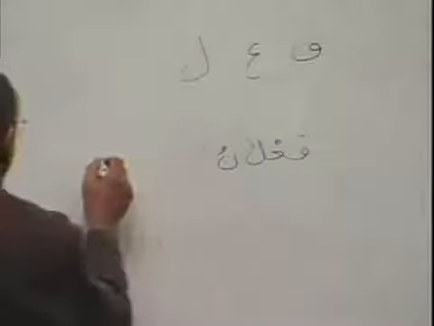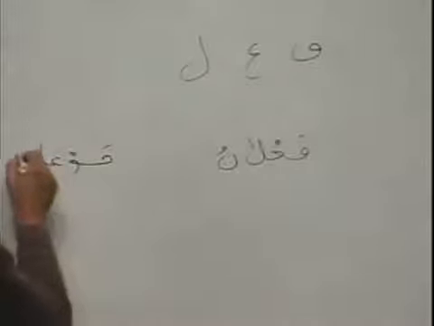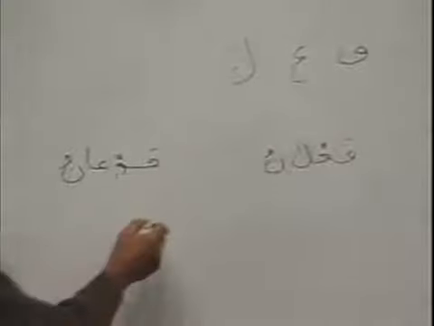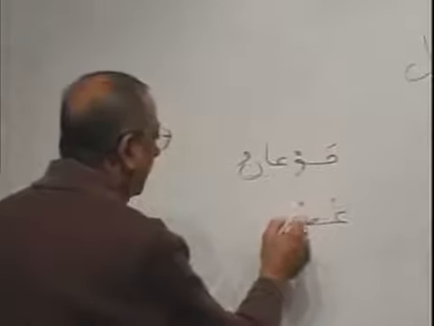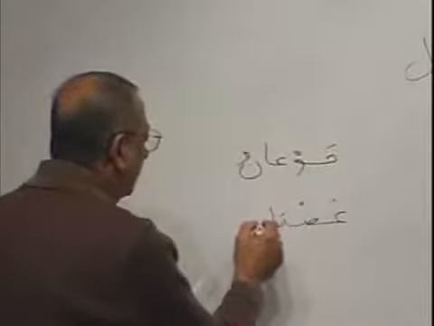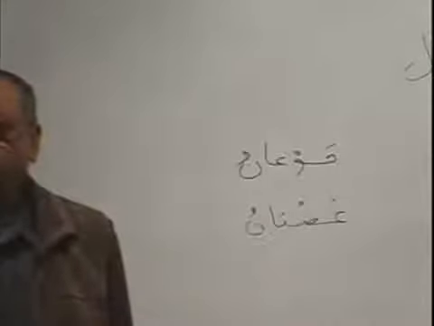So if I say to you, brothers and sisters, Jav'anu, where is the root? Jim, Waw, and Ain. If I say to you, Ghadbanu, where is the root? Ghain, Dad, Ba. Everything else is extra.